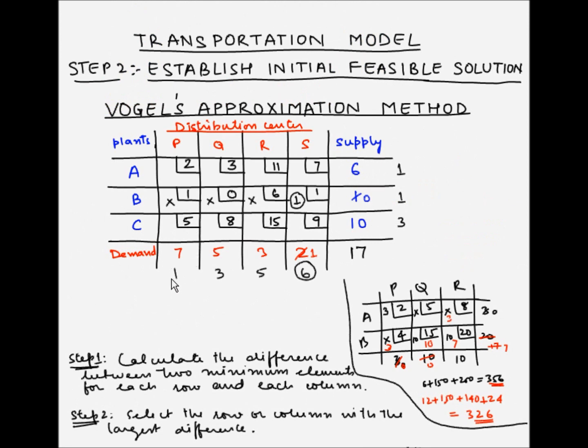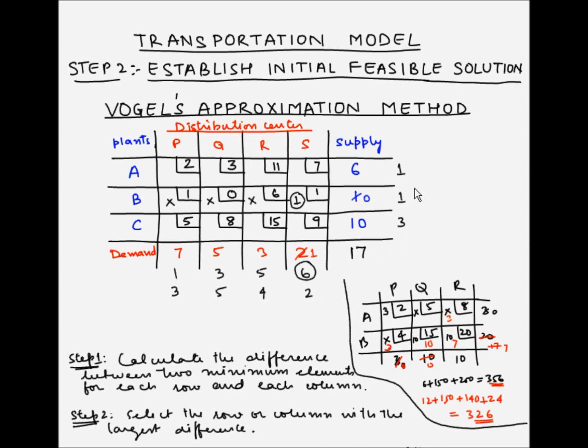Let's start with column P. So now the minimum is 2 and the next minimum is 5. So the difference is 5 minus 2, which is 3. For Q, 8 minus 3, which is 5. For R, 15 minus 11, which is 4. For S, 9 minus 7, which is 2.